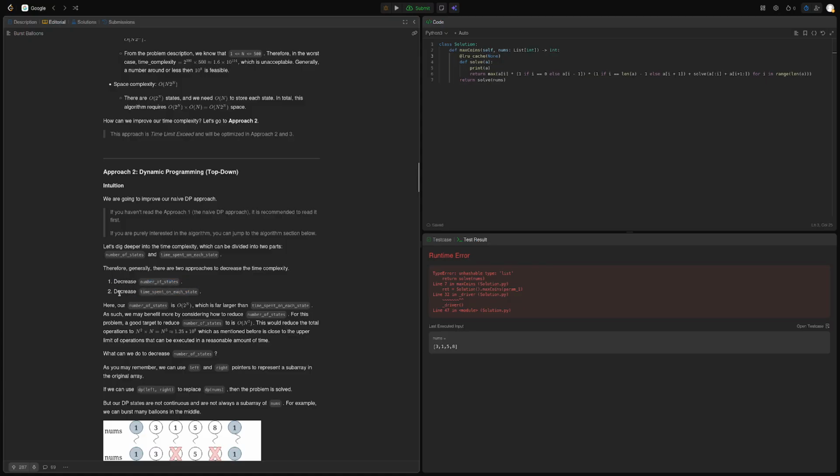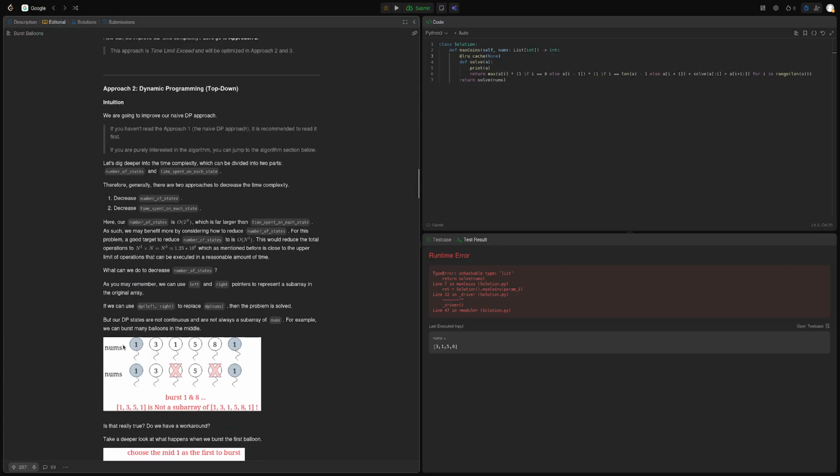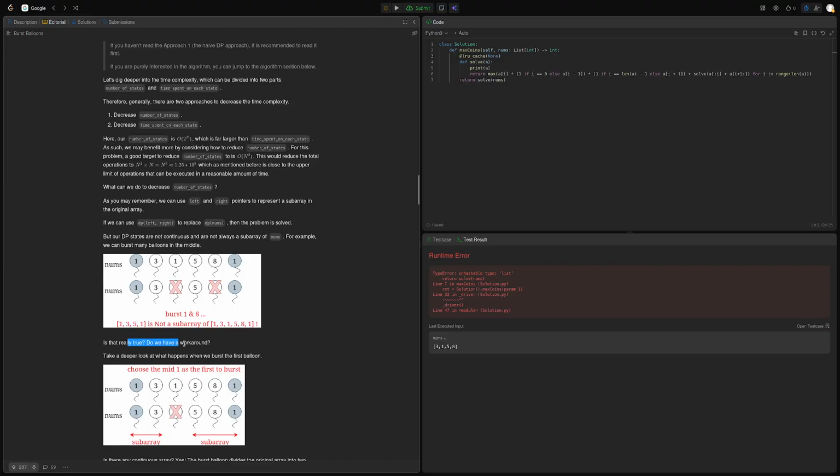Decrease number of spend. Okay. But you still don't know which are bursts, so exactly.